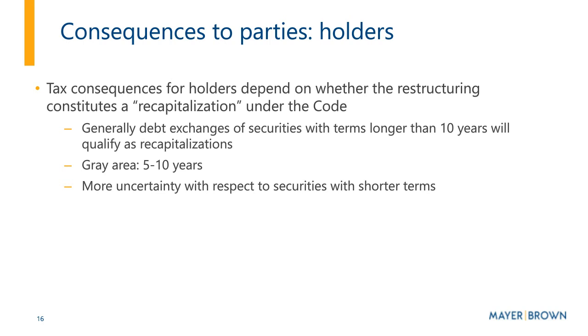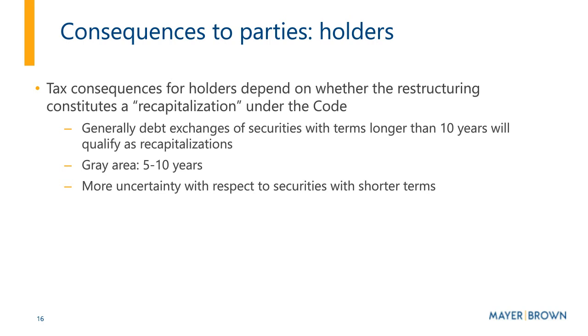But for determining whether an instrument is a security and figuring out the term, we're talking about the term remaining on the instrument. So for example, if you do an amendment that results in a significant modification on a 10-year instrument, and you make this amendment in year 4, then the term on the new instrument that you're deemed to exchange for is 6 years. So I just want to point out that you don't get the full 10 years.